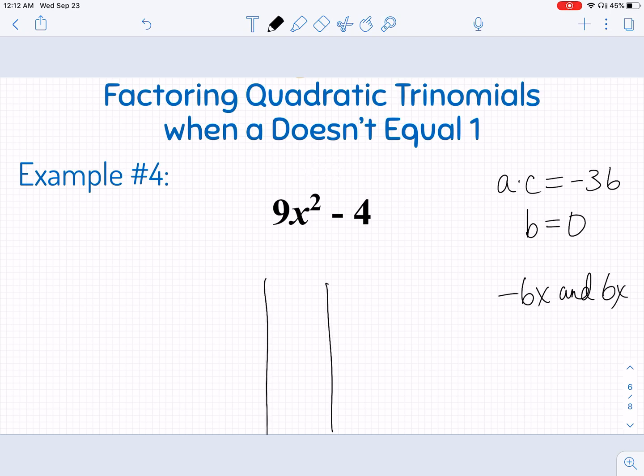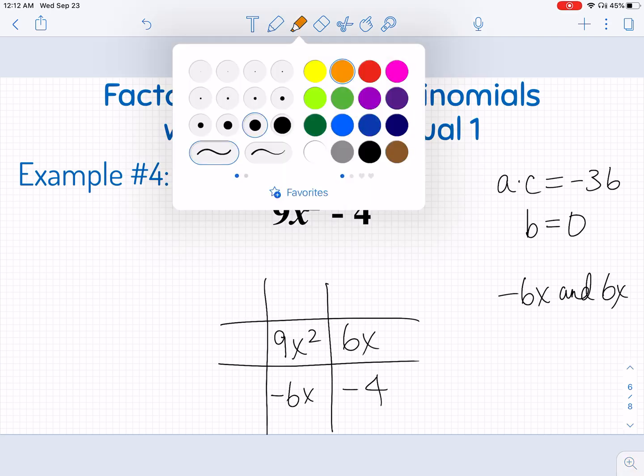So again, just like we've been doing, we're going to put our 9x squared here, our negative 4 here, and then we're going to have a negative 6x and a 6x. And then we're going to find the GCF of each row and each column.